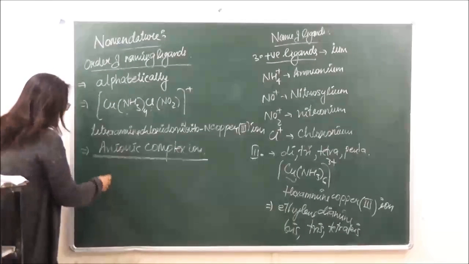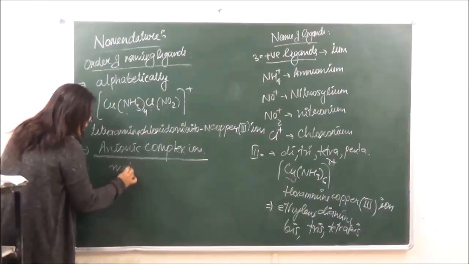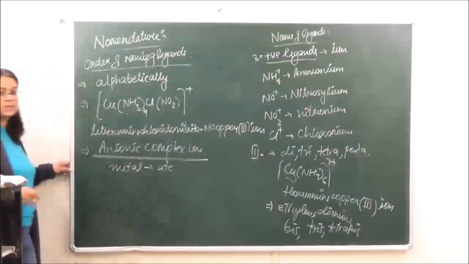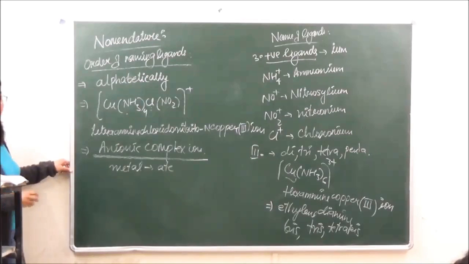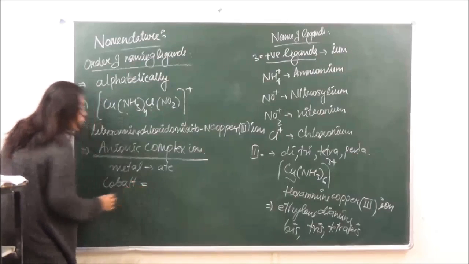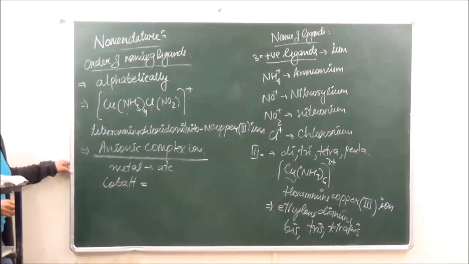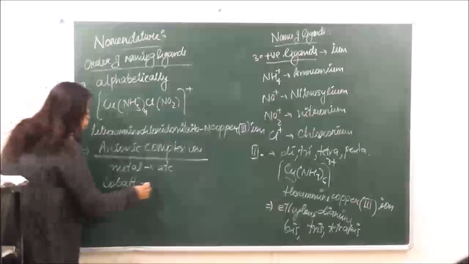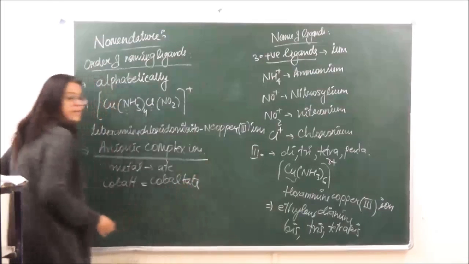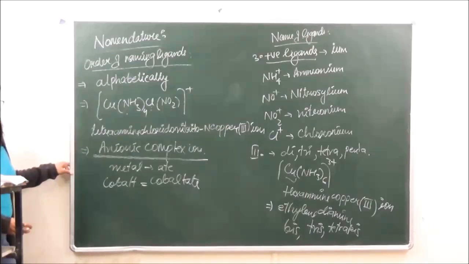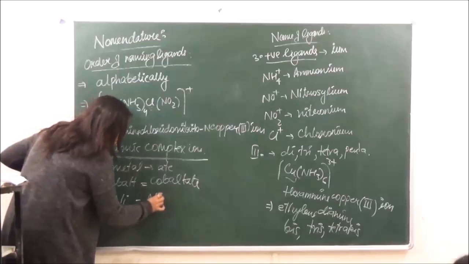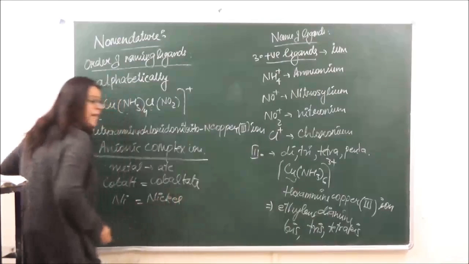In that case, at the end of the metal name, we are going to use the suffix -ate. Okay, जैसे if the central metal atom is cobalt, the name we are going to use over here is cobaltate. ठीक है? If it is nickel, nickelate.